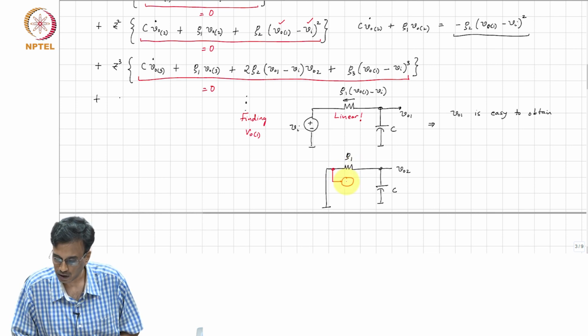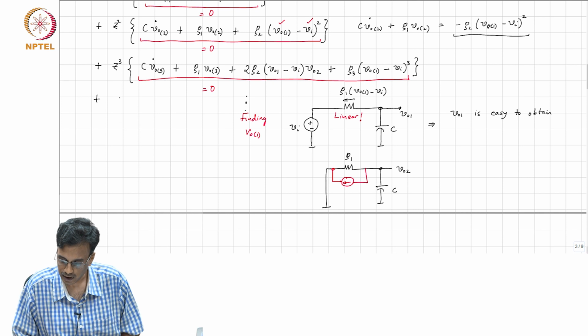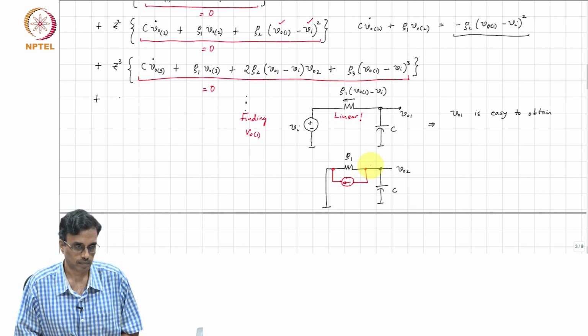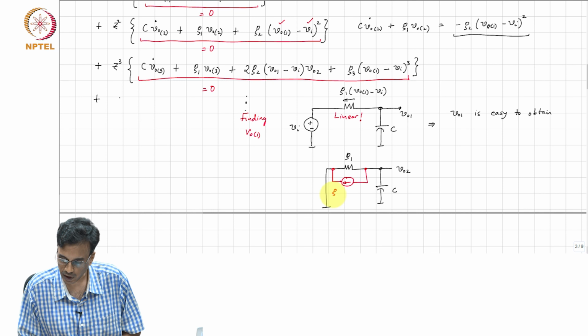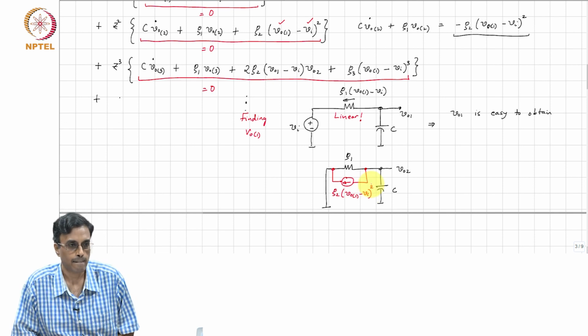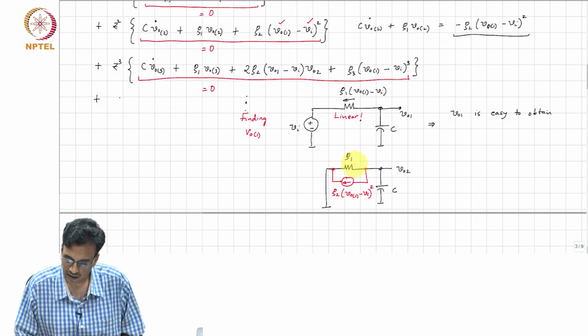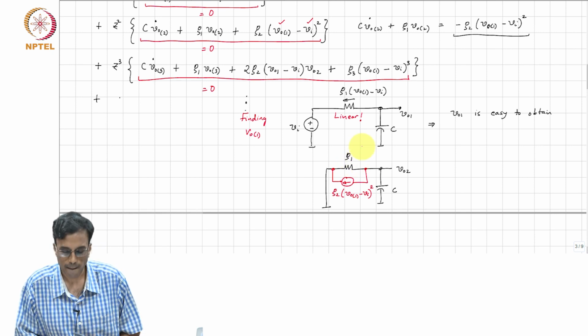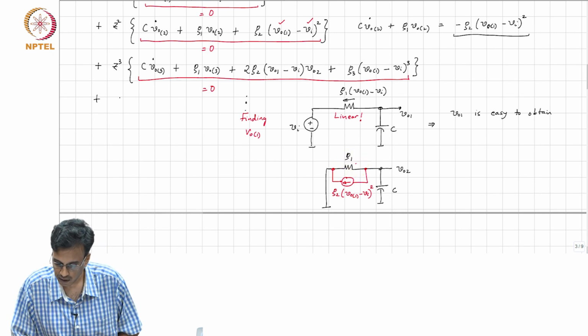It is going between ground and this, connected across like this, and this is G2 times (VO1 minus Vi) the whole square. Does it make sense? Right? And is this resistance linear or non-linear?